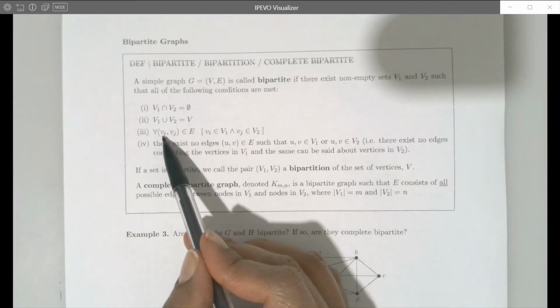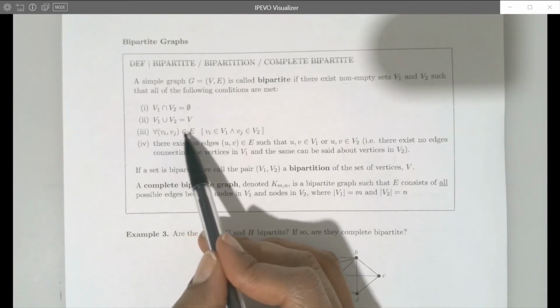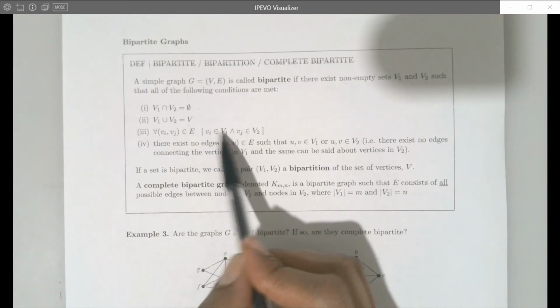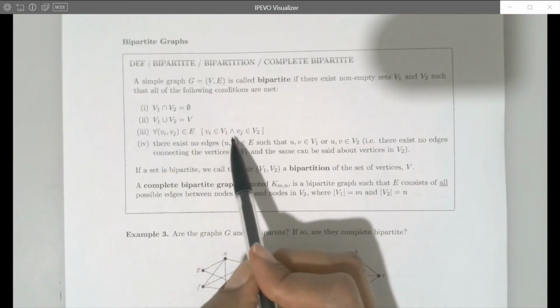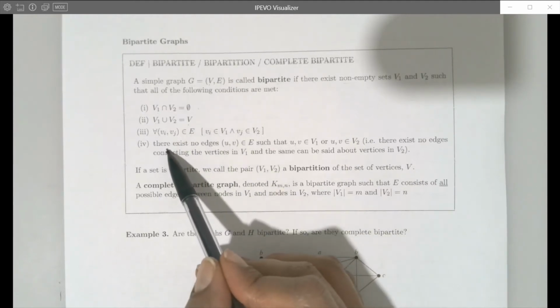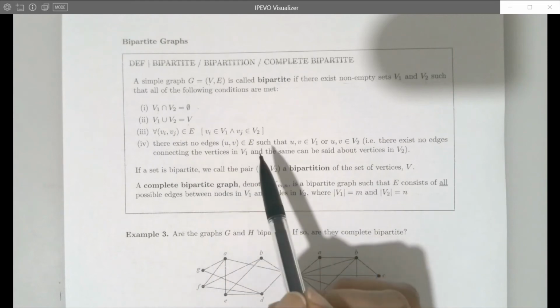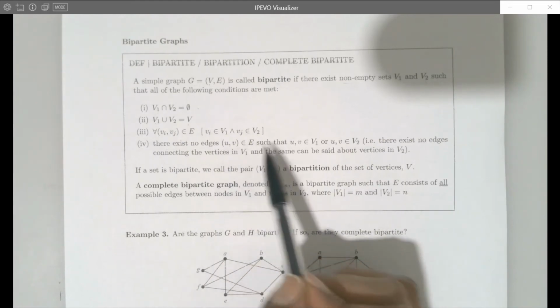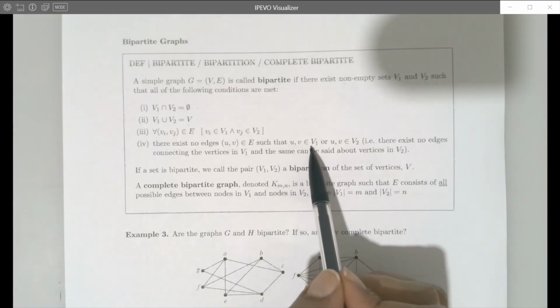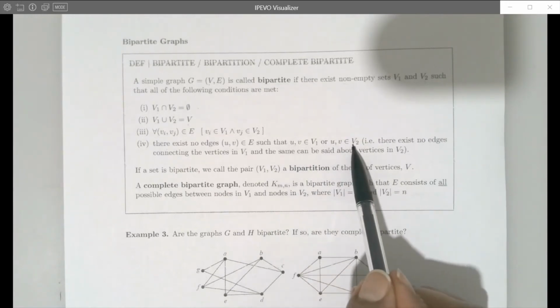For every edge Vi, Vj that is part of the graph, Vi is from the first set, V1, and Vj is from the second set, V2, and there exist no edges U, V in the graph such that both of the nodes are in V1 or both of the nodes are in V2.